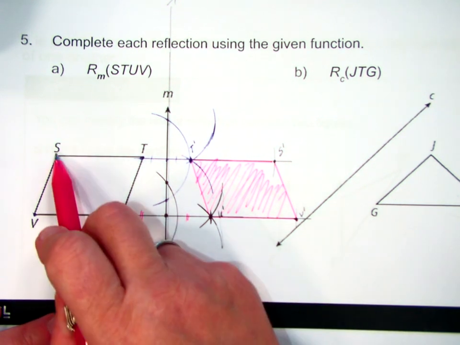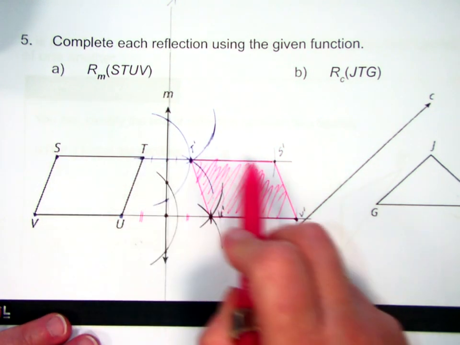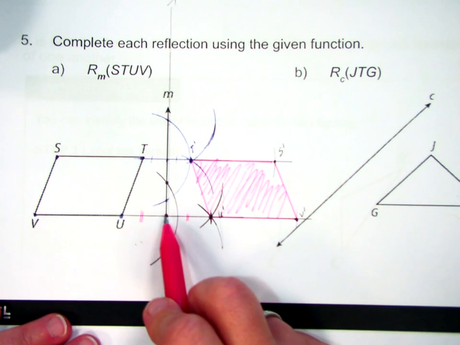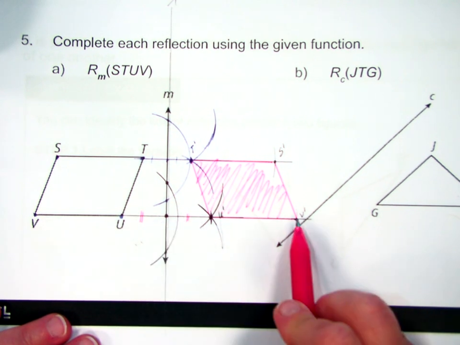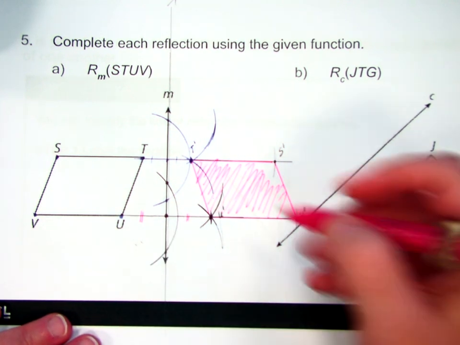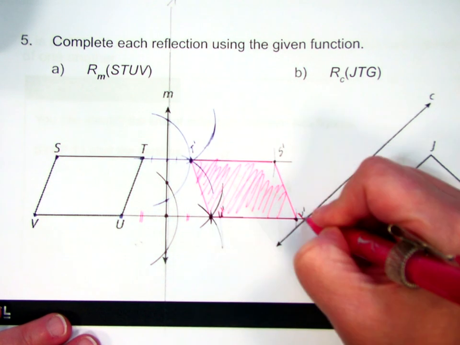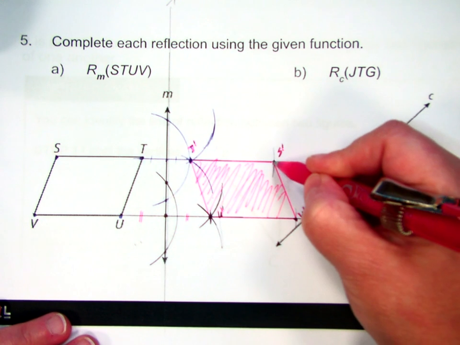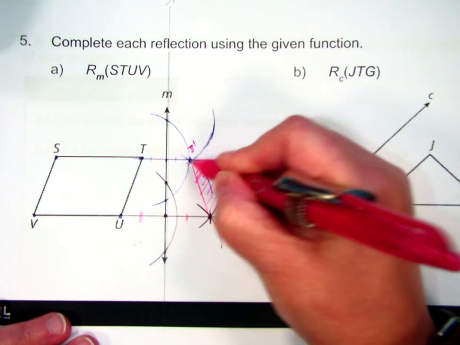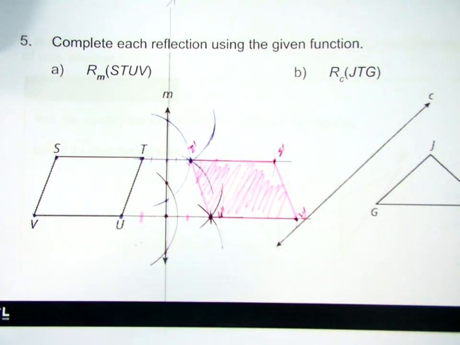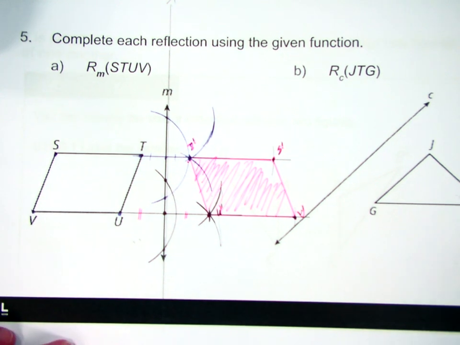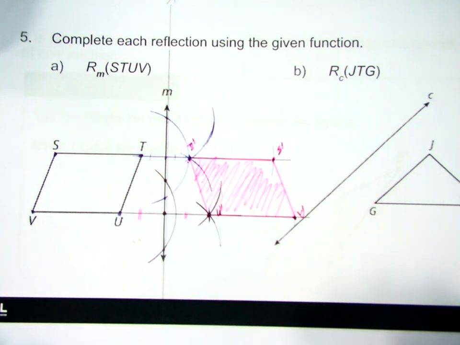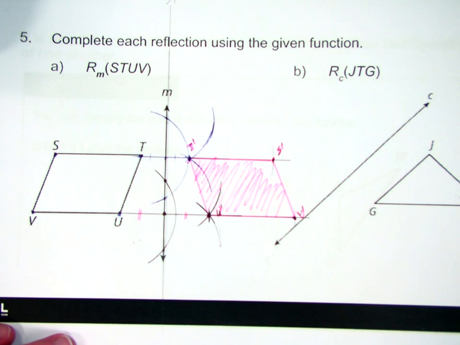As is this piece to here and this to here, the same distance. And from here to the line and from the line to V prime is the same distance. So there's U prime, there's V prime, there's S prime, there's T prime. There are the four corners of your parallelogram in this case, or quadrilateral if you want to be more general. Okay, so far so good.